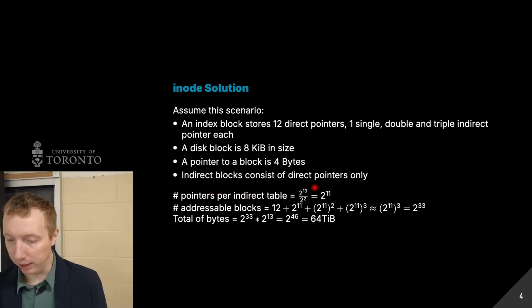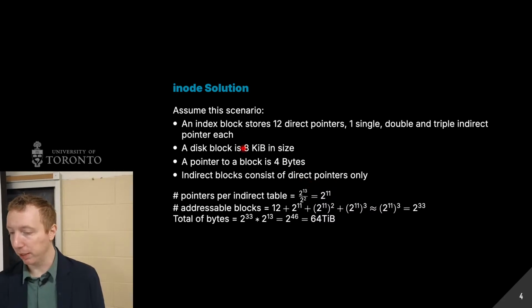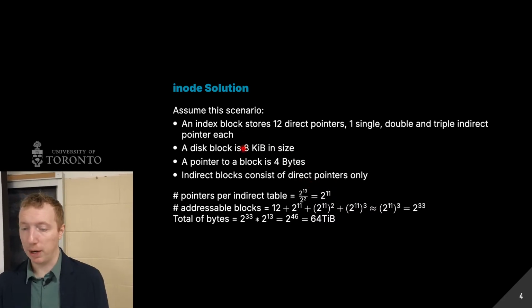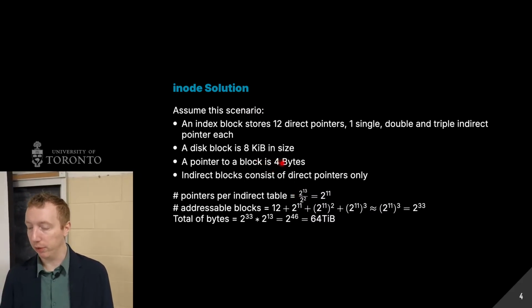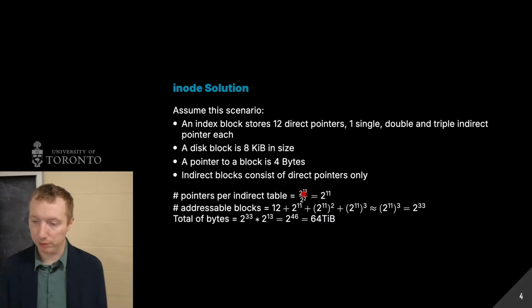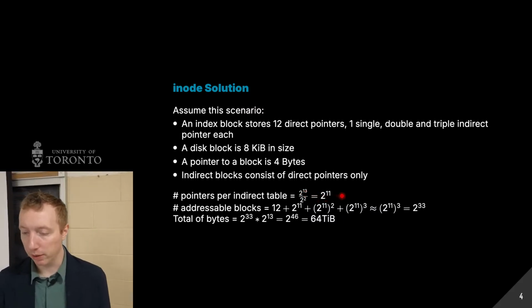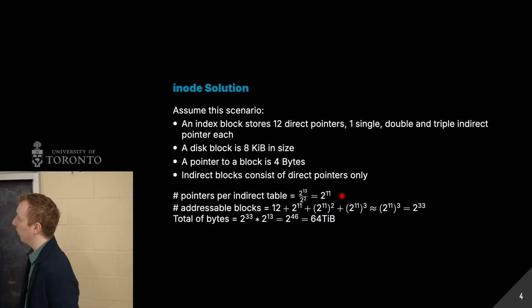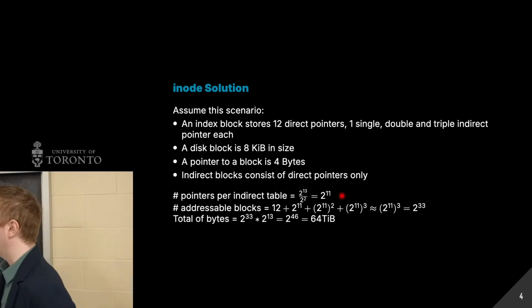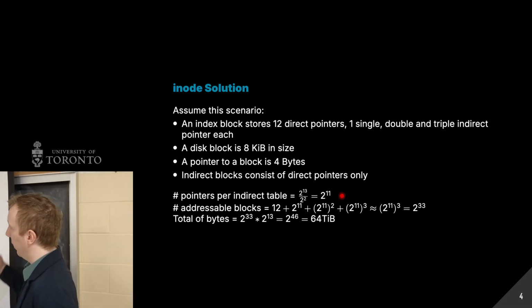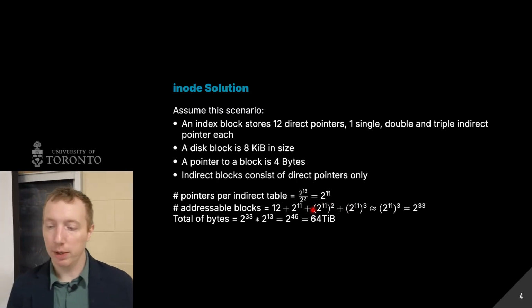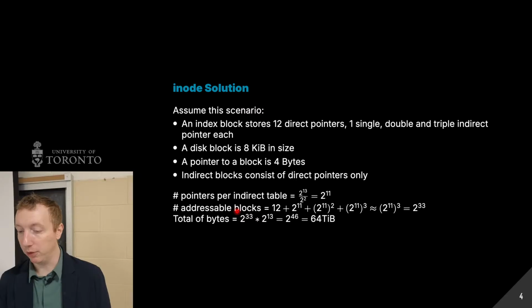It would be the size of a block, which is 8 kilobytes, otherwise 2 to the power of 13, divided by the size of a pointer, which is 4 bytes, which is 2 to the power of 2. Then we can do our math and figure out that we can store 2 to the 11 pointers on a block.